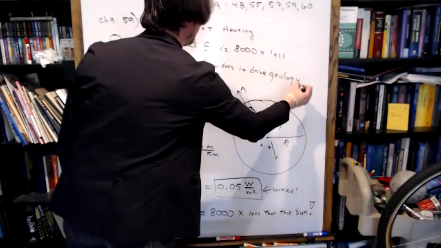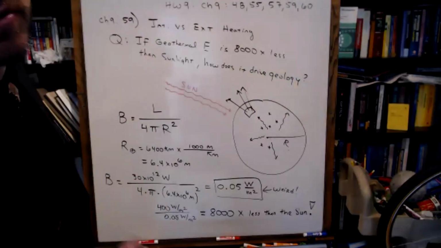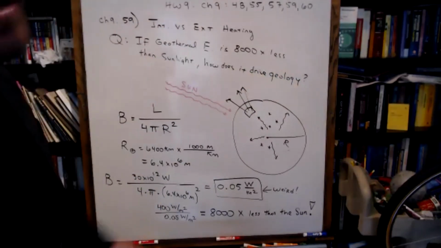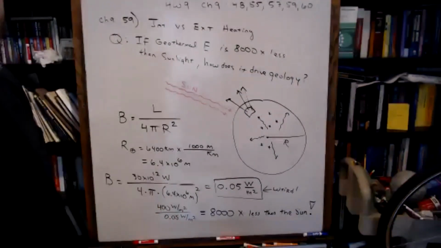Like plate tectonics and volcanism. How can geothermal energy be the source of volcanism and plate tectonics when the sun is 8,000 times more powerful? What do you think the answer to that question is?